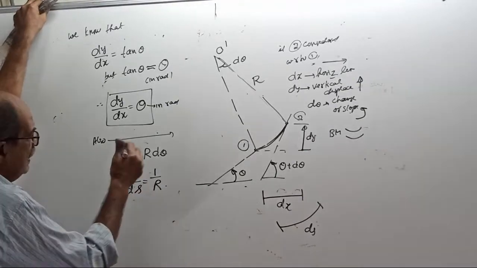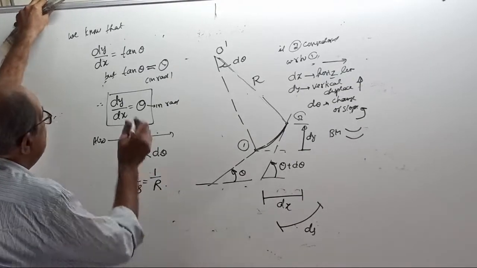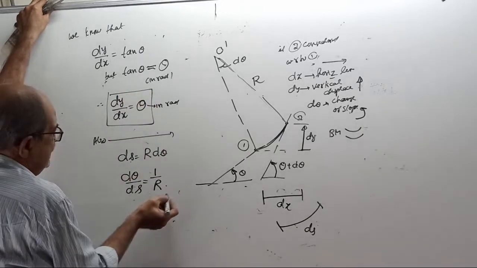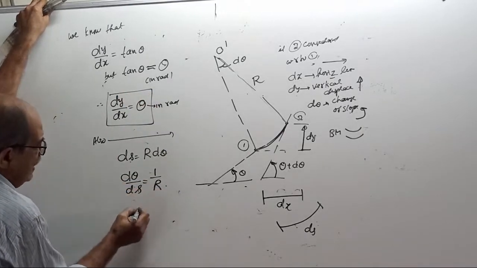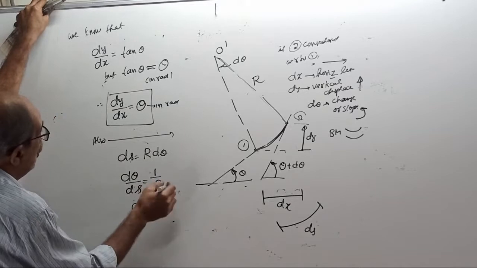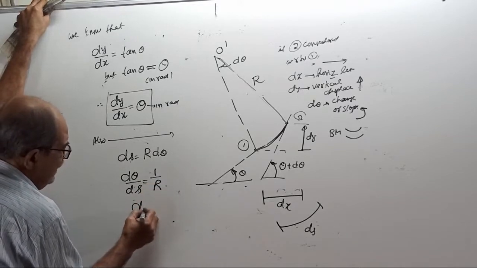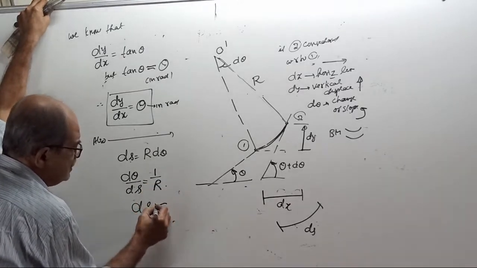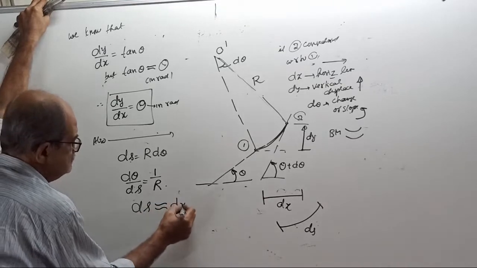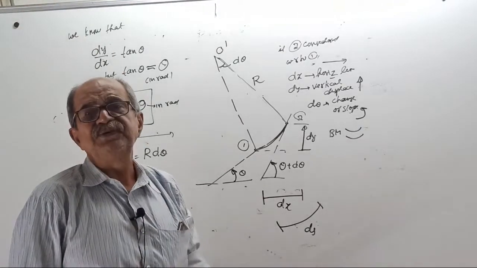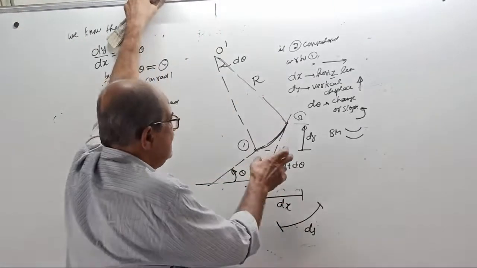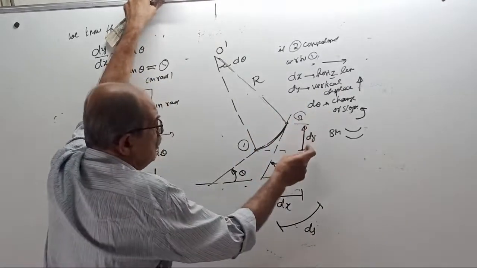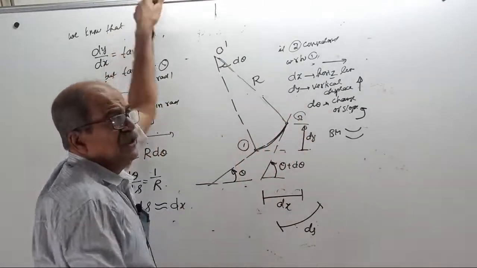Okay, now if I go further, theta equals dy by dx, and d theta by ds, but you also know that ds is almost equal to dx. What people do is they take ds equal to the square root of dx square plus dy square.